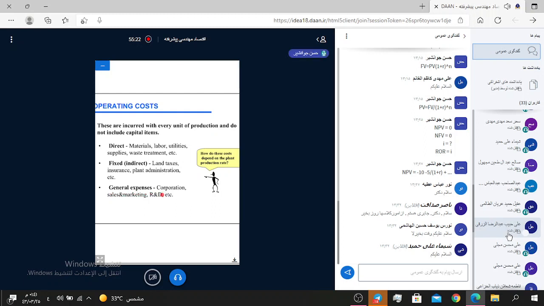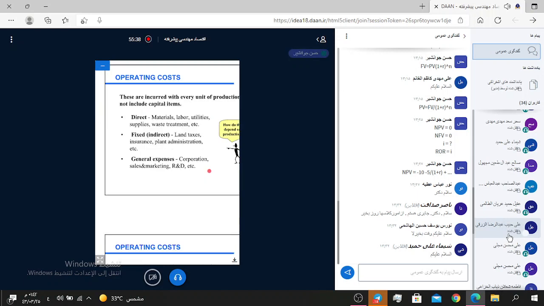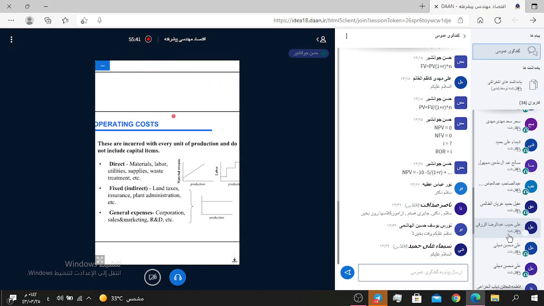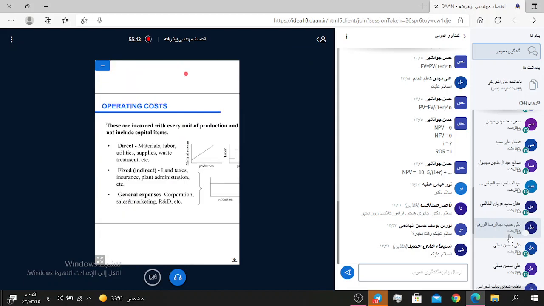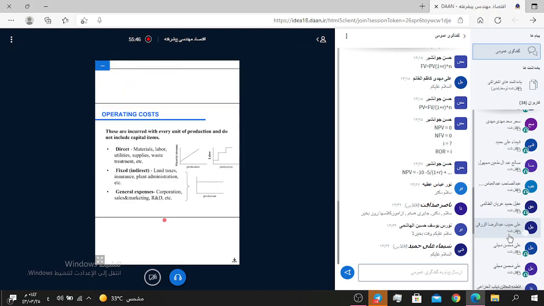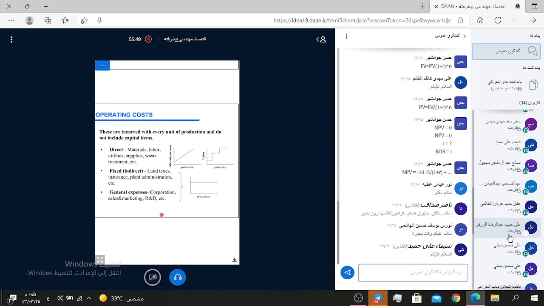General expense: purchasing, sales and marketing, R&D, etc. The cost of R&D is an operating cost. This is incurred with every unit of the products and does not include capital items.